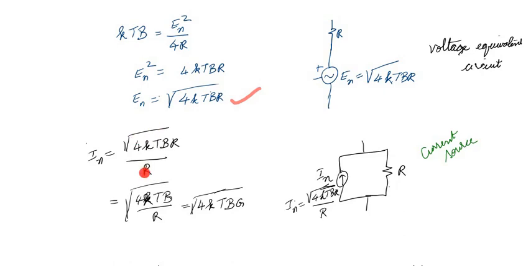Voltage divided by resistance, this is your voltage En divided by R. The square root of R gets cancelled, so it is the square root of 4kTB over the square root of R. Now 1 by R is nothing but G, the conductance, so 1 by square root of R is square root of G. So this is your current In in parallel with the resistance. This is the current source equivalent for the thermal noise.